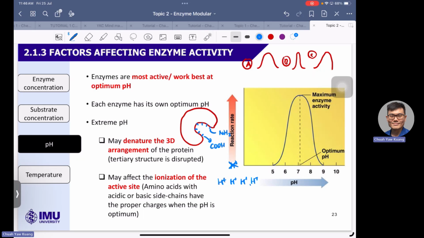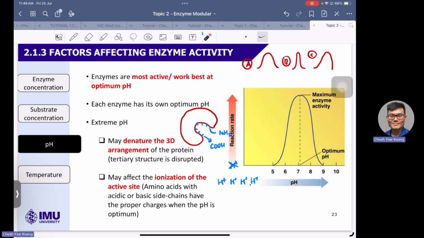No. So again it's the same thing. That is the meaning of affecting the ionization of the active site. Because of these two reasons, changes in the pH will cause a very drastic drop in the rate of reaction, because either way, the enzyme will not be able to catalyze the reaction at all.